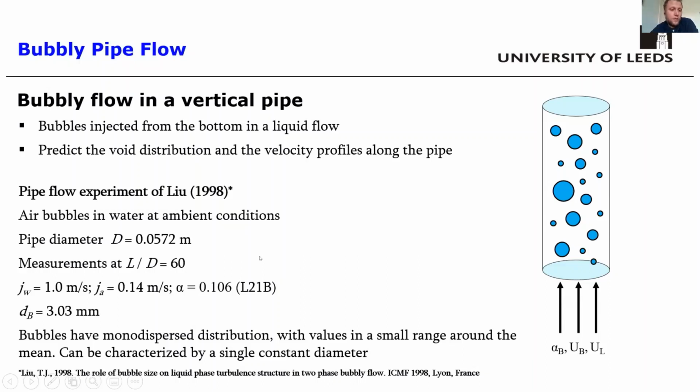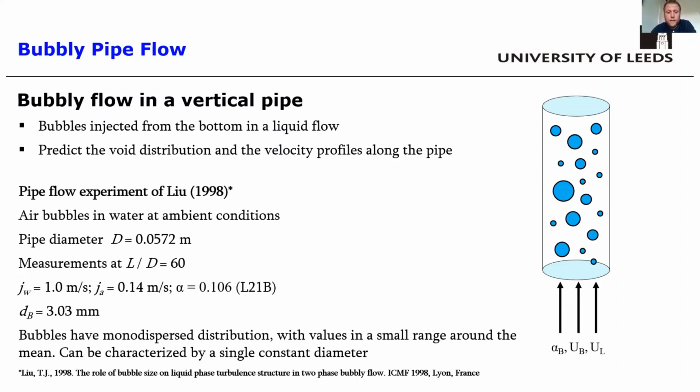So what do we know? We know the superficial velocities, which are essentially derived from the mass flow rate of the two phases. We know the volume fraction of the gas, and we also know the average bubble diameter of the bubbles. Now, here an important thing to mention.